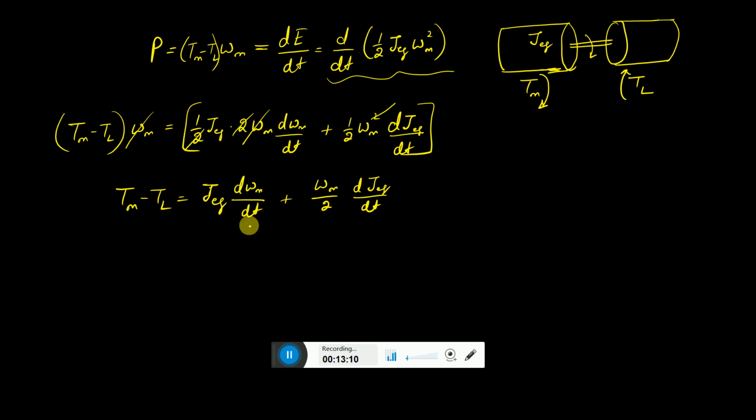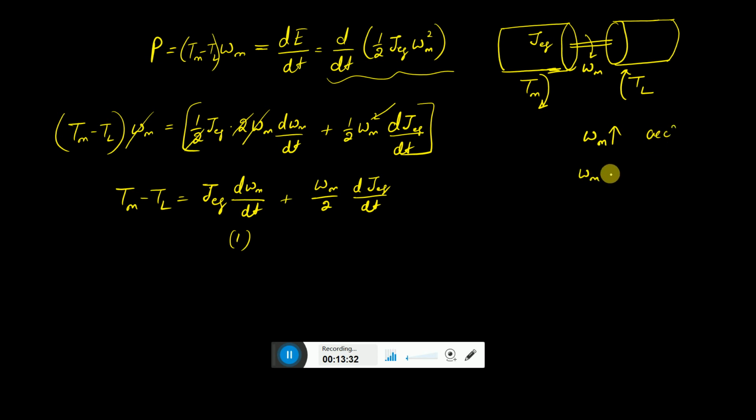Now here there are two terms. One term is when the speed is changing with time. This speed omega m which is running may change with time or may not. If omega m is increasing, it is acceleration.